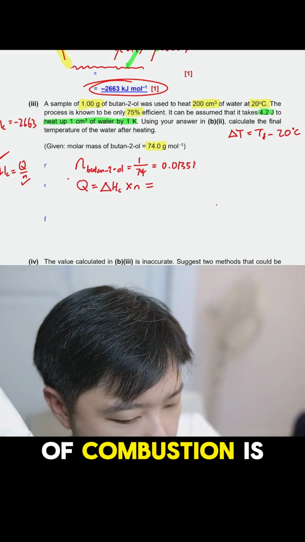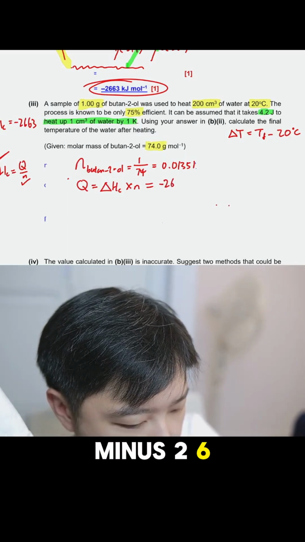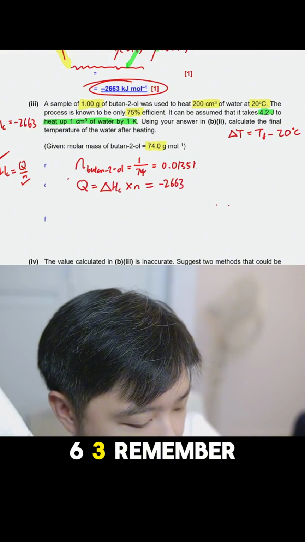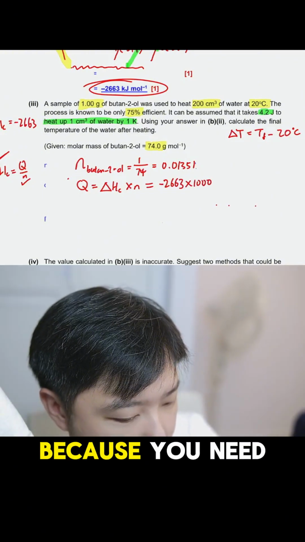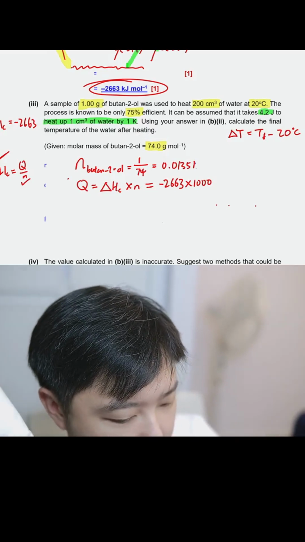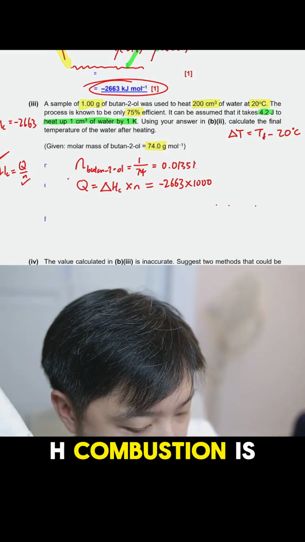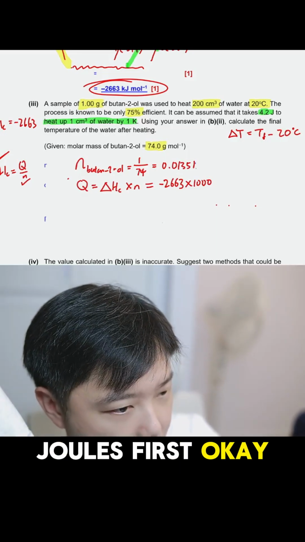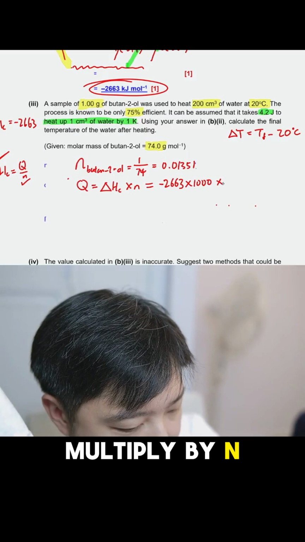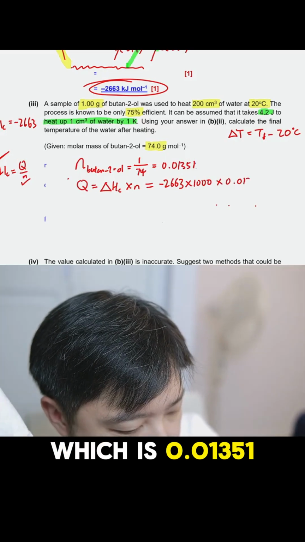So delta H of combustion is minus 2663. Remember, you need to times 1000, because you need to convert it back. Your delta H of combustion is in kilojoules, so you need to convert back to joules first. Then after that, multiply by n, which is 0.01351.